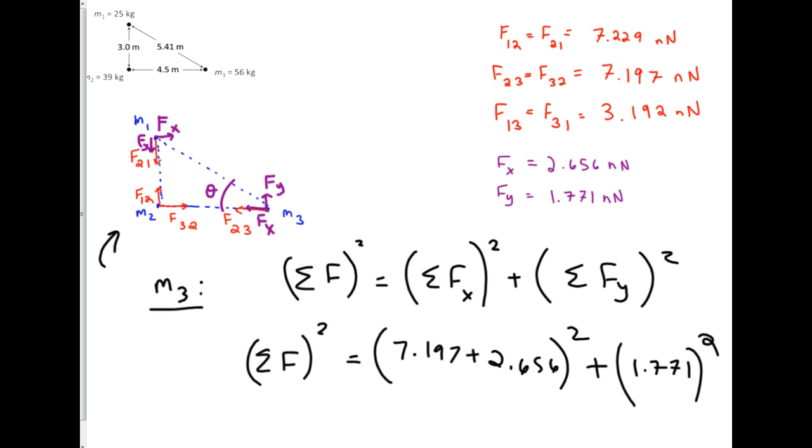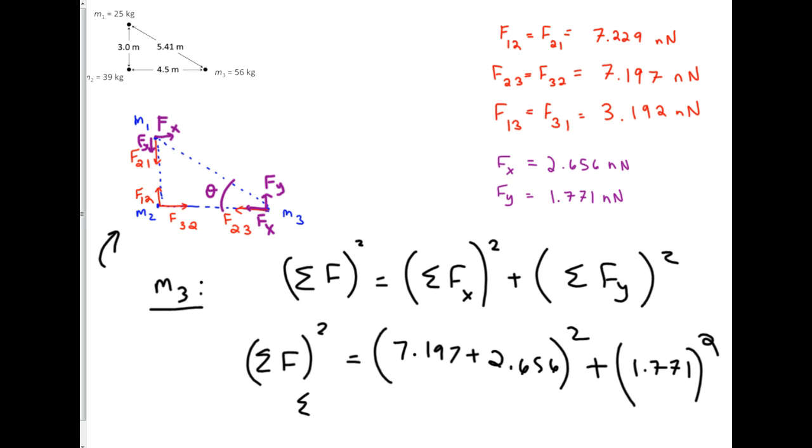So I look at my calculator, I type in open parentheses, 7.197 plus 2.656, close parentheses, squared, plus 1.771 squared, and then I square root that, and I get 10 as well. Look at that.